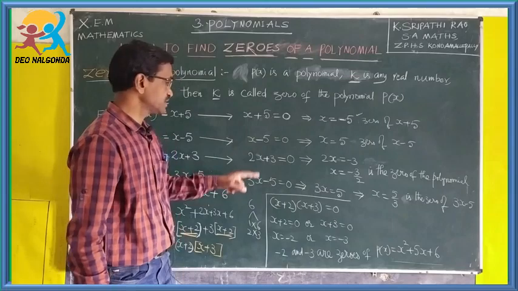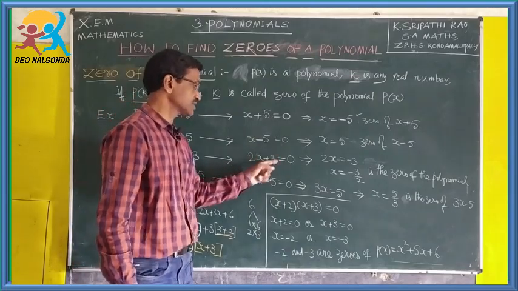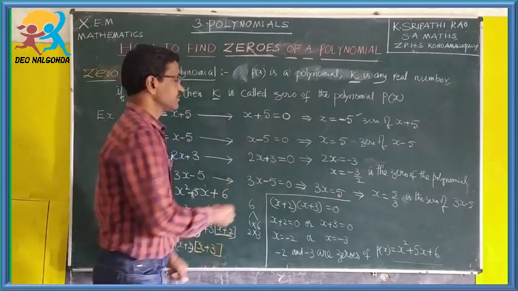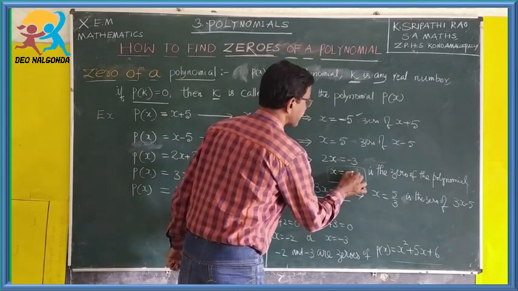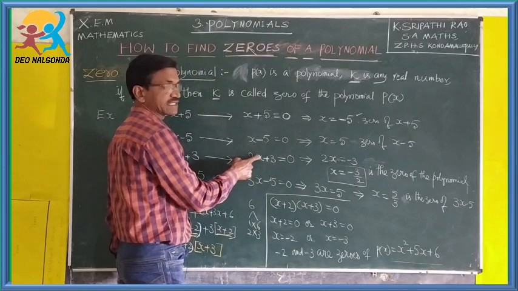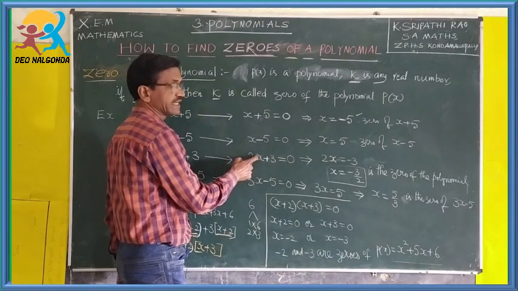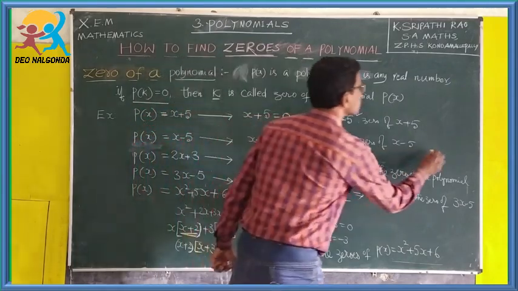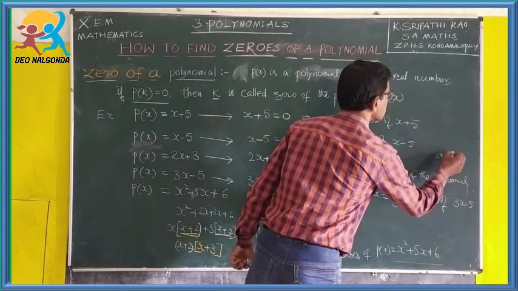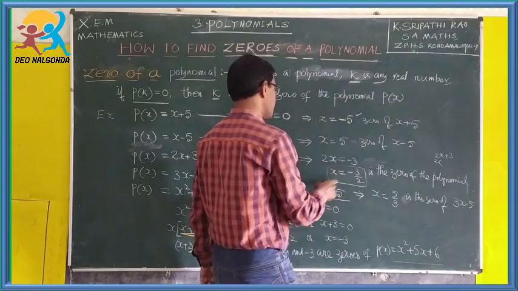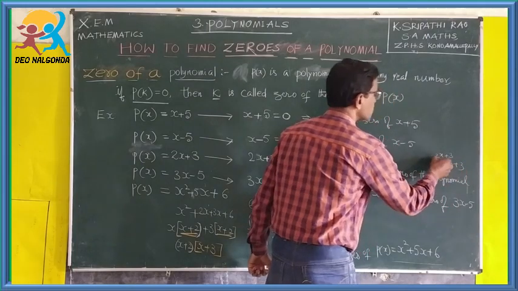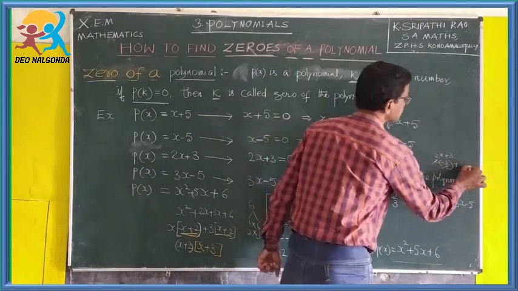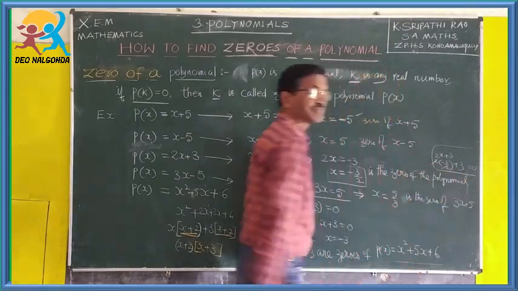To make the variable the subject, you have to transpose all the other terms to the right side. Then x is equal to minus 3 by 2. If you substitute minus 3 by 2 in place of x, you will get 0. Let us check: 2x plus 3, 2 into minus 3 by 2 plus 3, the 2s cancel, minus 3 plus 3 is 0.